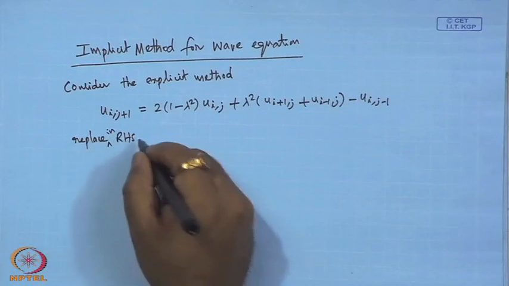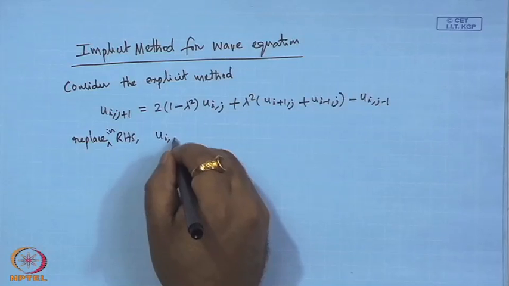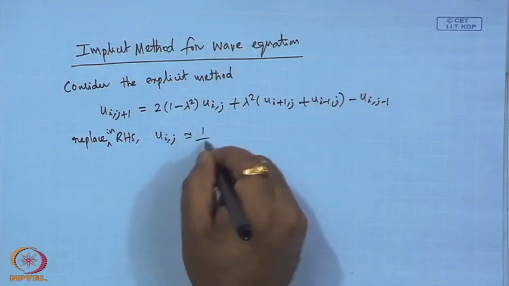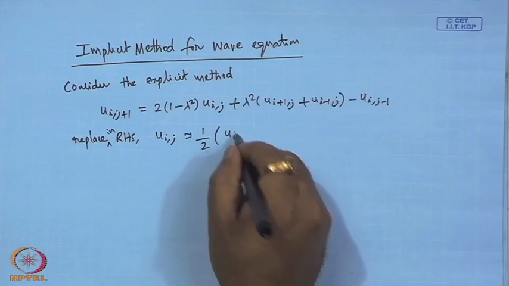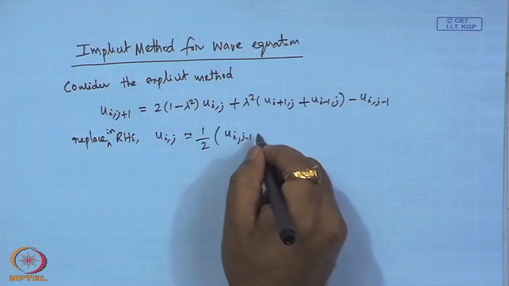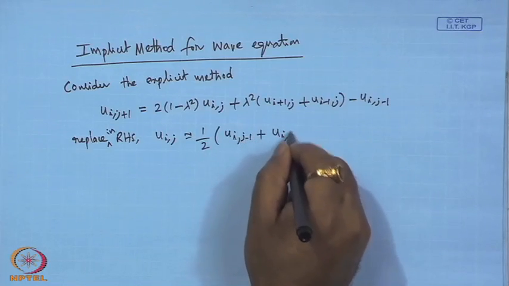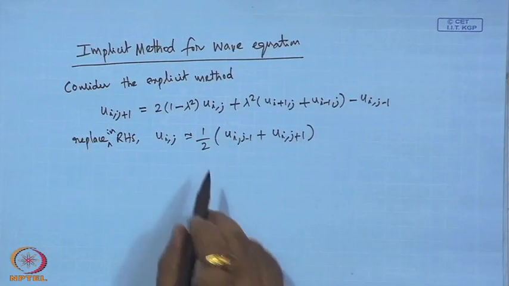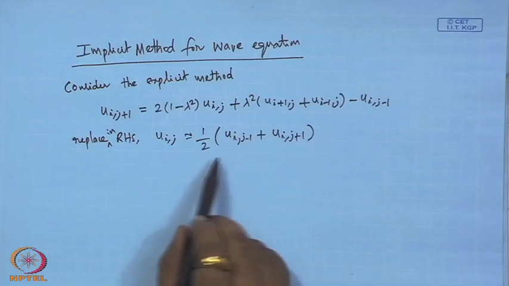In RHS, replace Uij by Uij minus 1 and Uij plus 1. So, this is a special case as I mentioned.